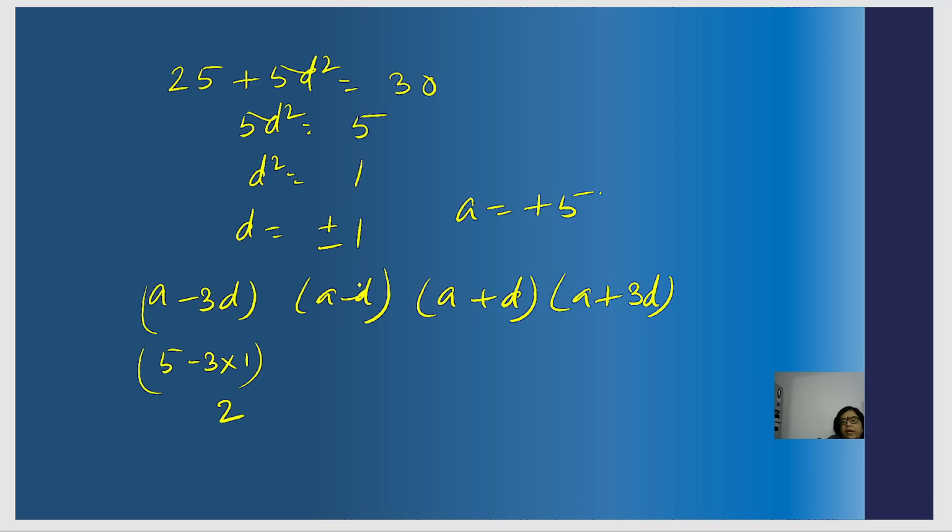This will become 5 minus 1, that is equal to 4. Then this will become 5 plus 1, that is 6. Next will become 5 plus 3, that is equal to 8. So these are the terms if we take d value as plus 1. If we take the value of d as negative 1, the order will change and we will get the sequence as 8, 6, 4 and 2.